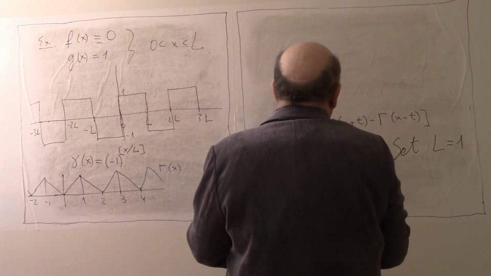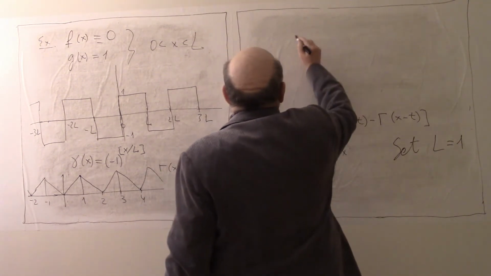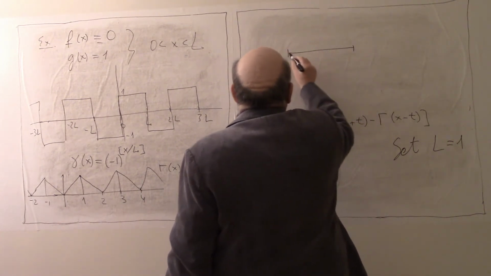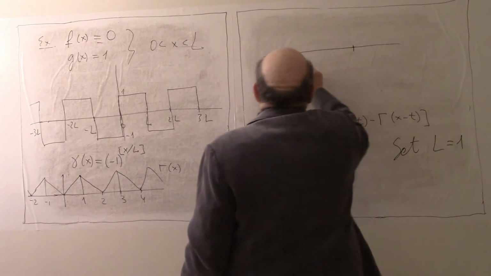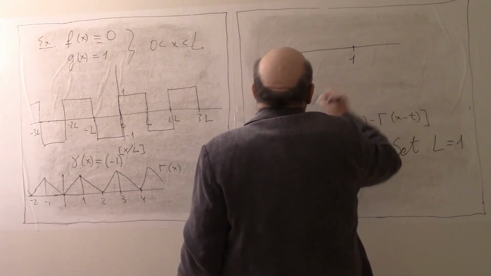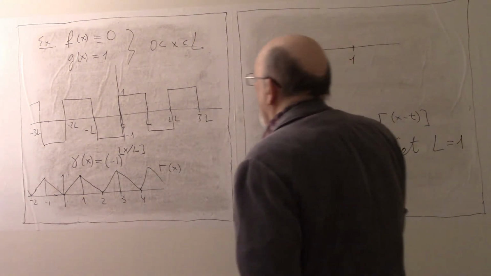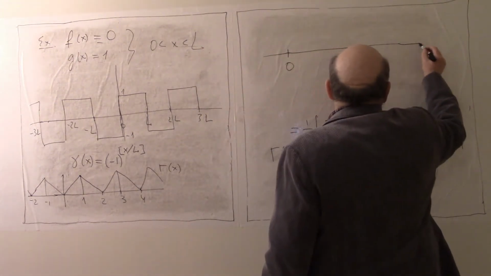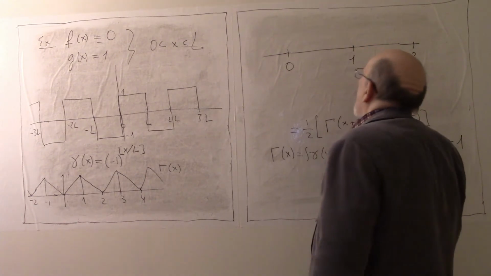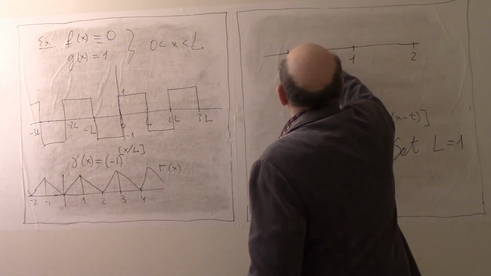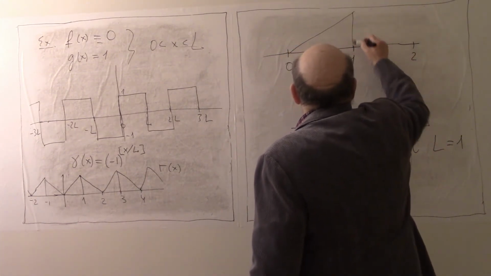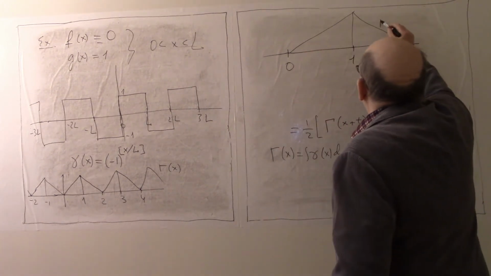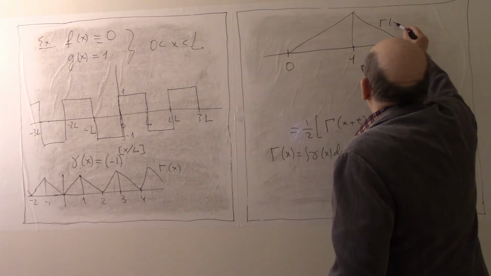Now let us draw it. Gamma of x minus t minus gamma of x plus t. So this is 0, this is 1. Okay, this is 2. So the function gamma is, I draw not to scale, like this, gamma of x.